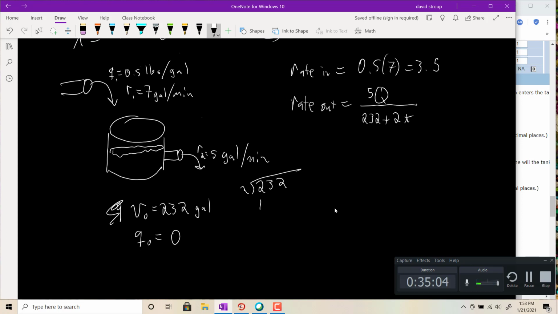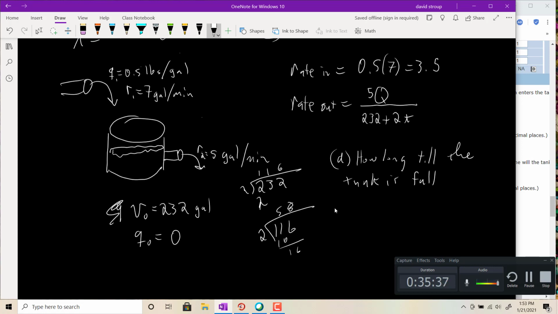Divided by 2, 116. So we need to get 116 more gallons in there. And because the difference between the rates is 2 gallons, you just divide that by 2 and that'll give you your answer, 58. So part A, how long till the tank is full?